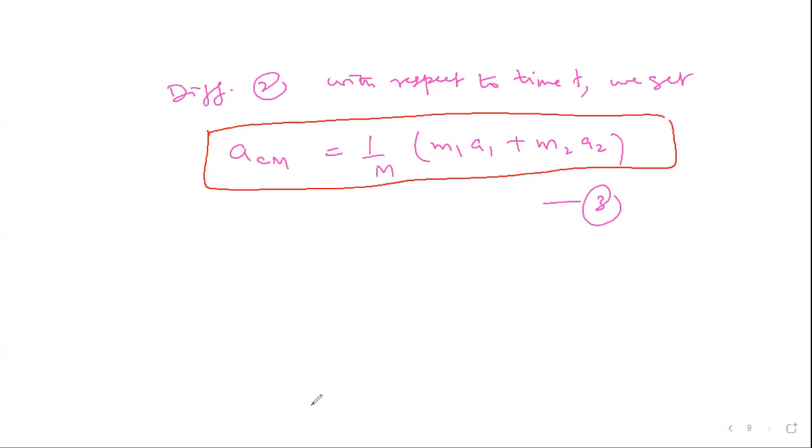Now, if I have a three particle system, let me write center of mass of three particle system.